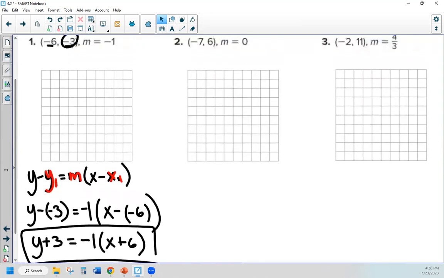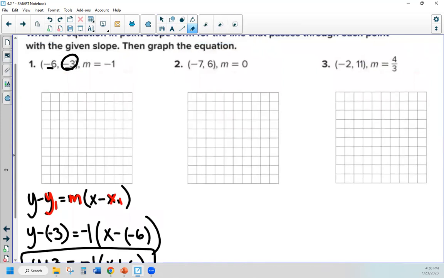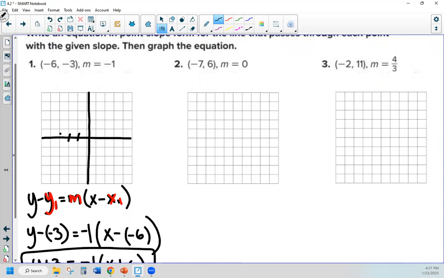How do I graph it? Okay, it's at -6, -3. I suggest you don't graph this yet and watch what I'm going to do right now. If I wanted to graph this at -6, -3, I would have to go 1, 2, 3, 4, 5. You see, I don't have enough space.